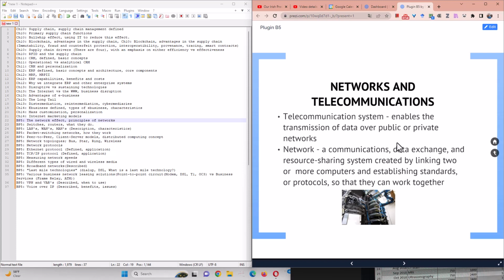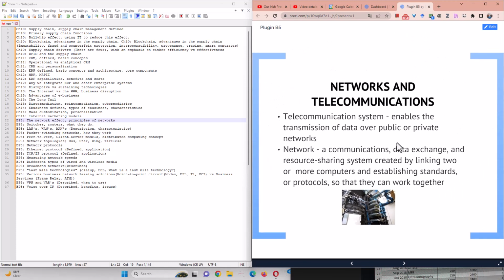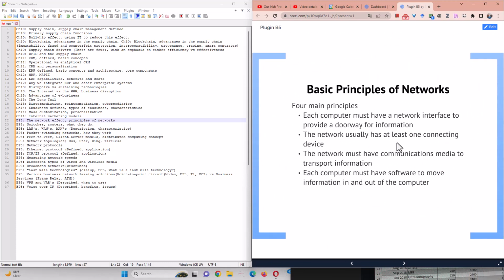A couple of definitions. What's a telecommunication system and a network system? Key with a network is it's got to have a staff. You got to have two or more computers communicating with established standards. The basic principles of networks: must be a network interface, must have a connecting device of some type, switch, wireless access point, must be communications media.